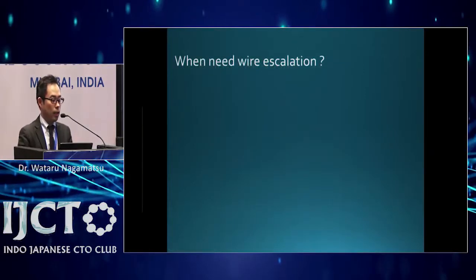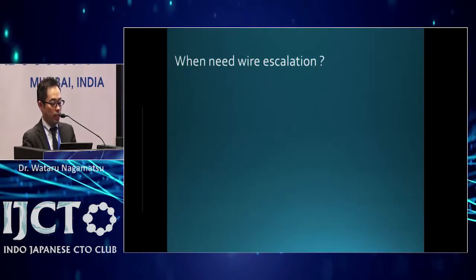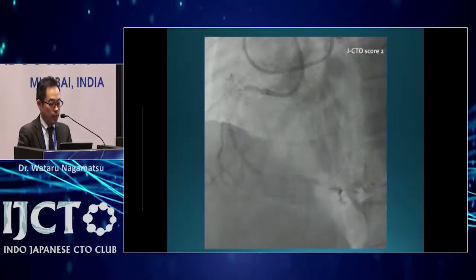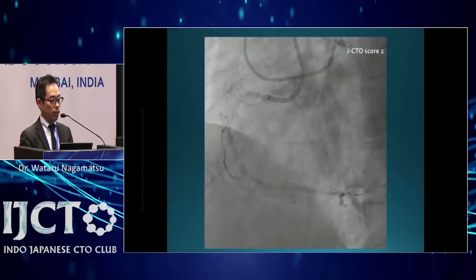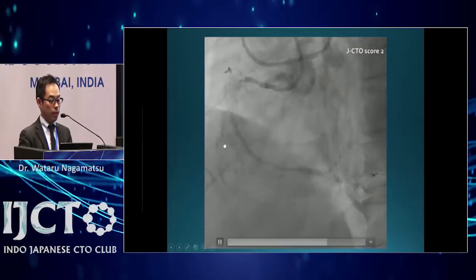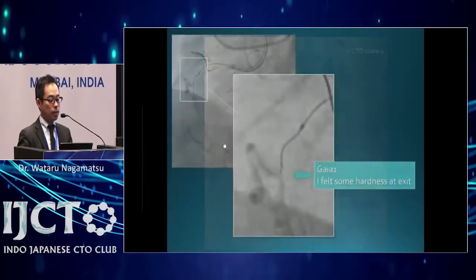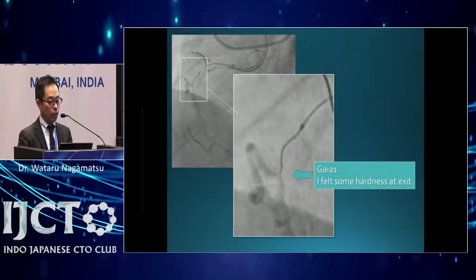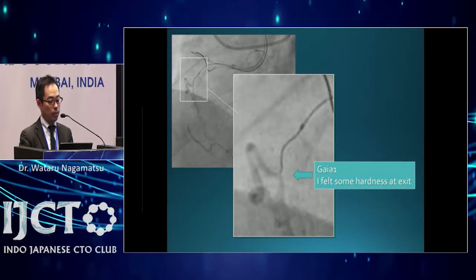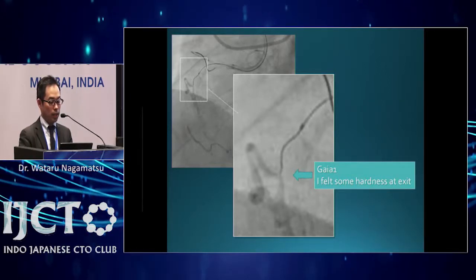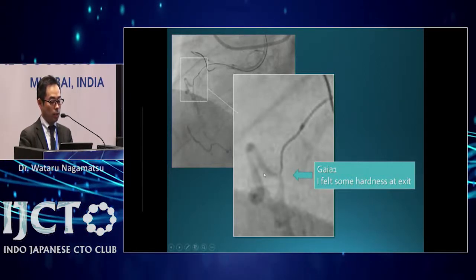Okay, let's move to another issue: when we need wire escalation. I will show a case. This is J-CTO score 2. We can see the CTO region from here to here. This time I used the Gaia First wire, like an intermediate wire, and advanced to the distal part, very close to the CTO exit.